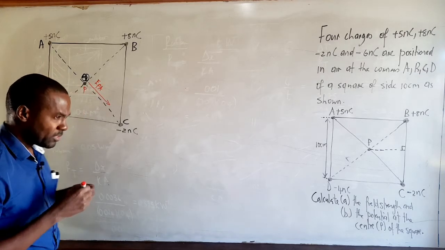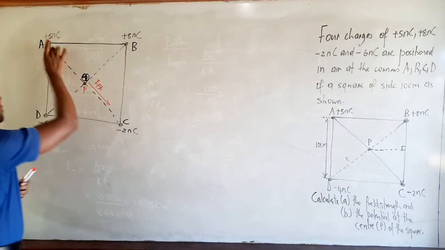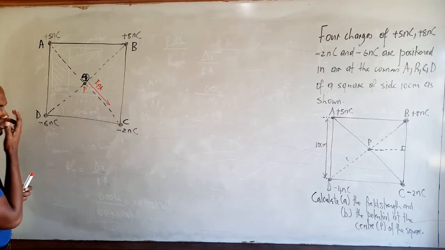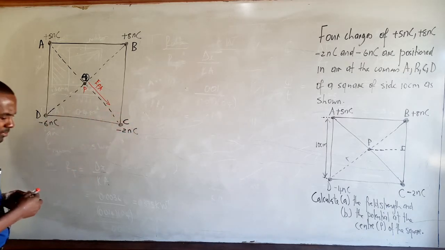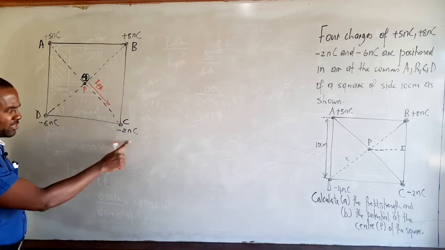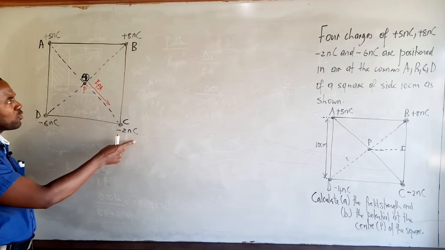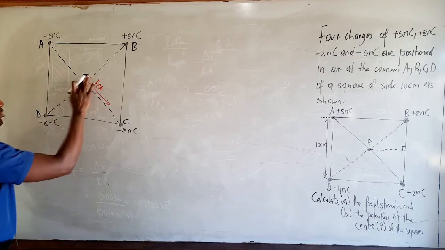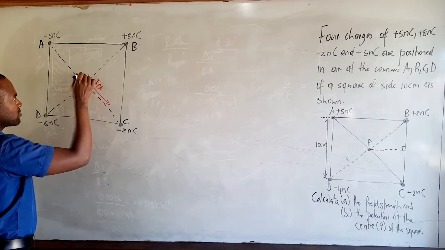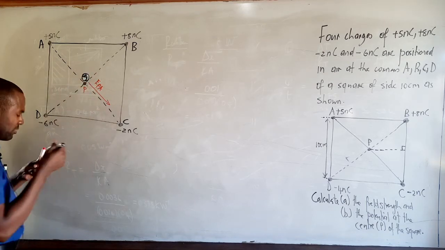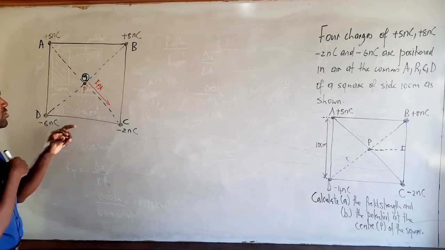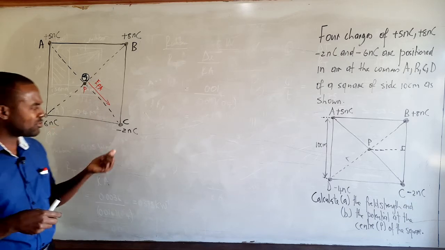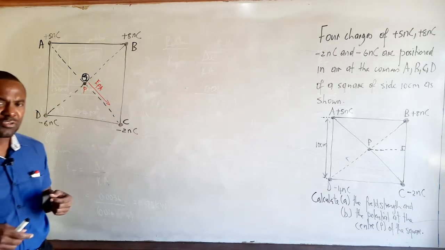Right? Since we're dealing with this direction, let's also examine the charge at C, since it is going towards C. C is a charge of minus 2 nanocoulombs, and we have a small positive test charge plus Q. Once again, in which direction will this charge Q at P move in relation to the charge at C if it was free to do so?